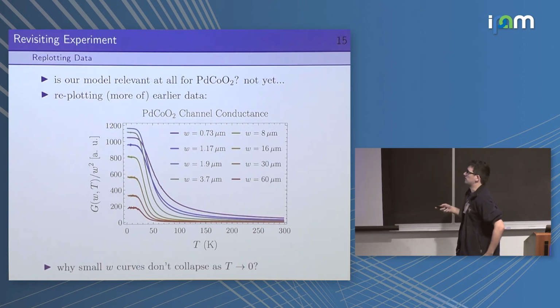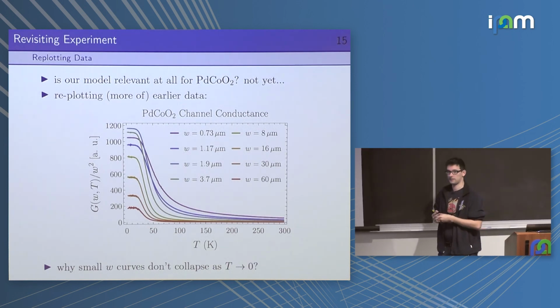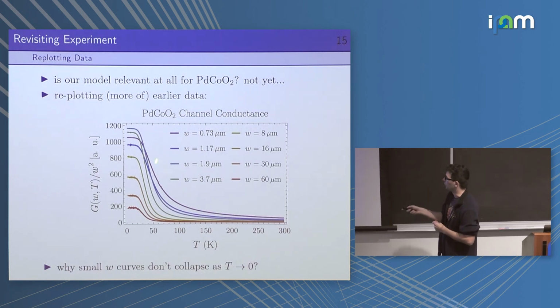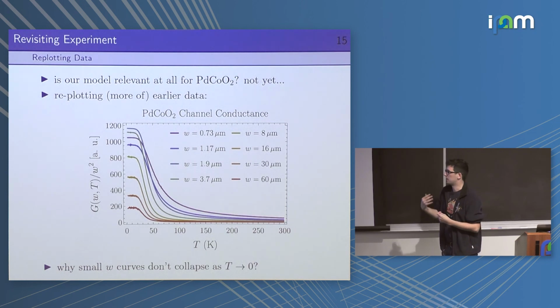Now there is one sort of puzzle that we don't fully understand about this data set, and it turns out that this puzzle is actually everything that the experimentalists plotted in their paper. If you look at these curves at low widths, basically the more purple the line is, the lower the width of the device that they measured was, and the more red, the larger. If you look at these curves at low width, we would expect that these curves ought to collapse.